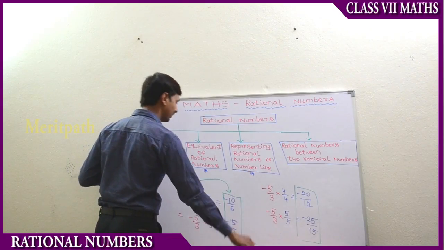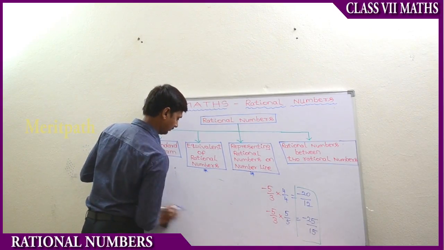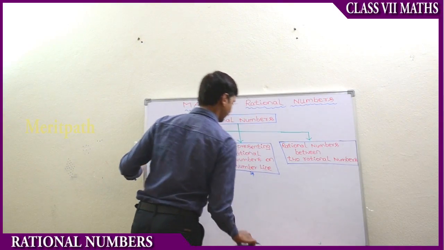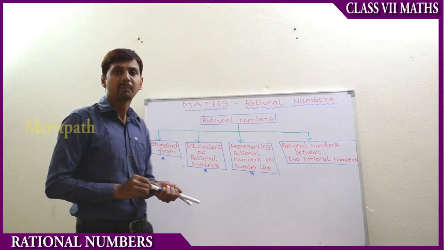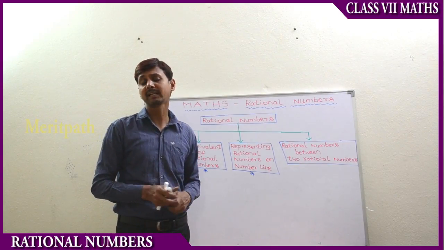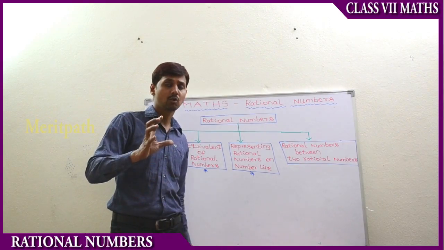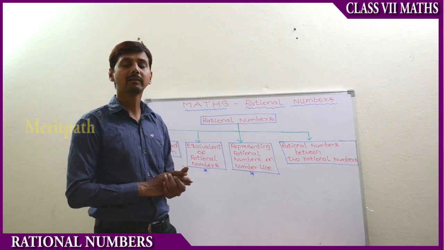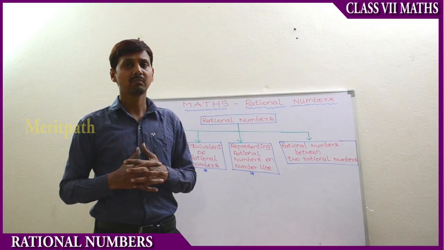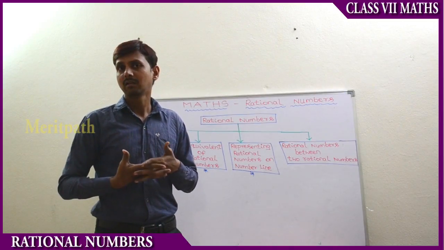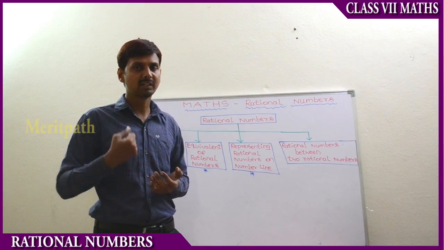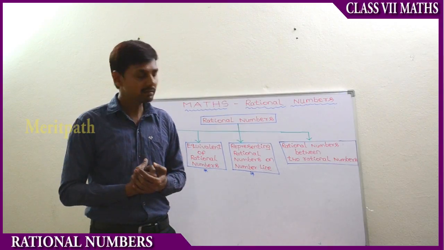Representing rational numbers on the number line. In previous classes we have learned how to represent natural numbers, whole numbers and integers on the number line. In the same way, let's take an integer line to represent a rational number on the number line.